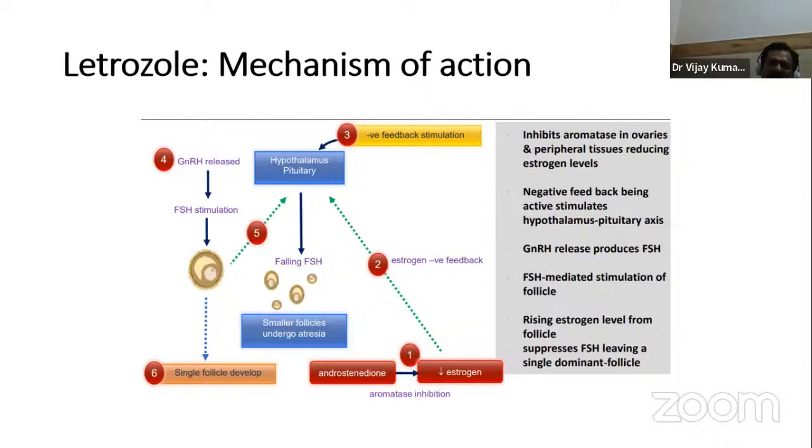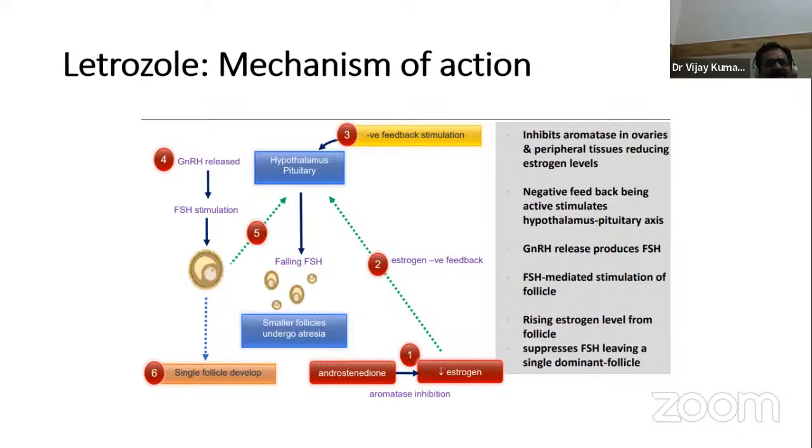So letrozole is an aromatase inhibitor, which will inhibit the conversion of androstenedione to estrogen. Thereby, the circulating estrogen concentration will be reduced and this leads to positive feedback from the hypothalamus, and that will lead to increased secretion of FSH, thereby leading to the development of better Graafian follicles.